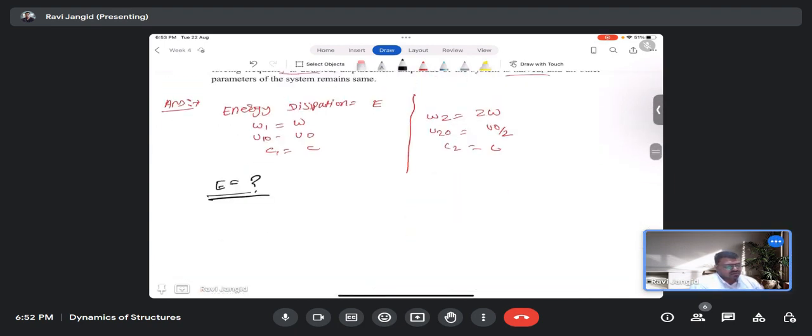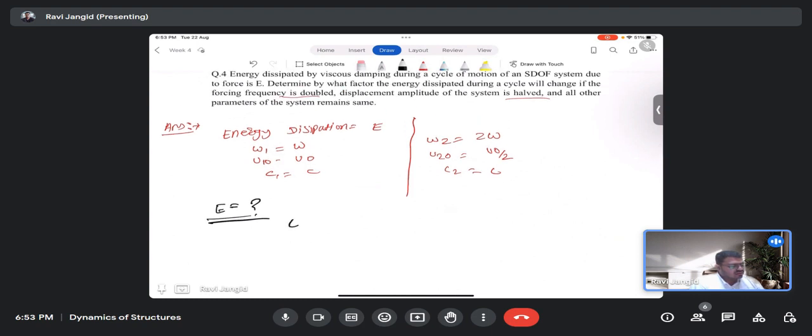So E is calculated as the integral of F dx for one cycle, which is 0 to 2 pi by omega. If u is u naught sine omega t, then u dot will become u naught omega cos omega t.